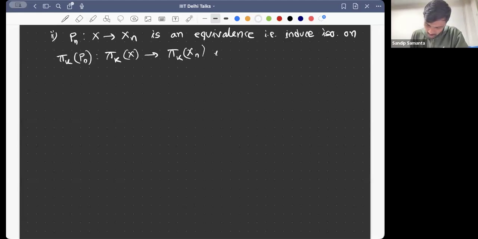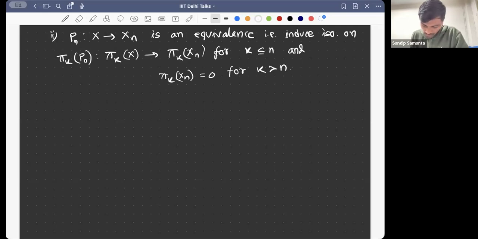So this is an isomorphism for k less or equal to n, and the other thing, all the pi_k of X_n is basically 0 for k greater than n. So up to the nth level, these p_n are inducing isomorphism on the homotopy groups, which are exactly the same as the homotopy groups of X. After that, all the things are 0.